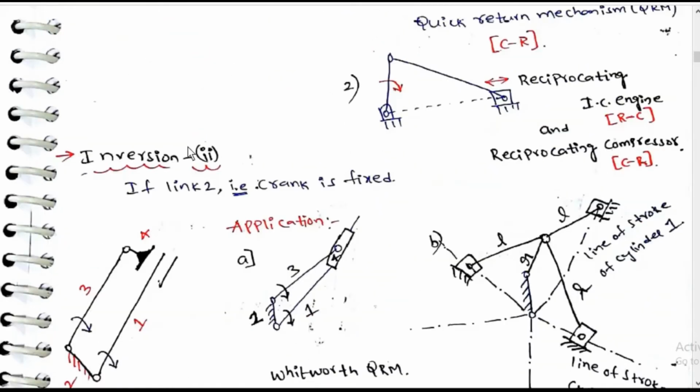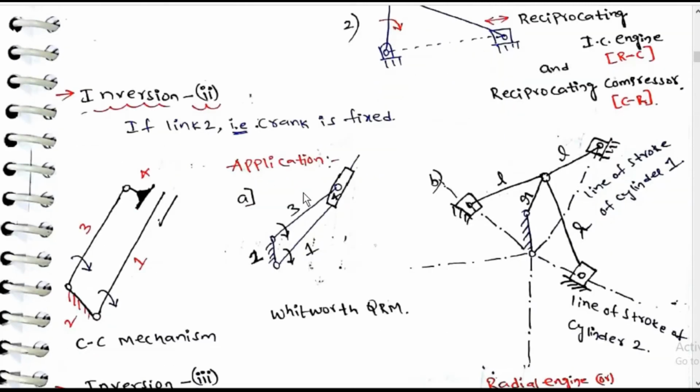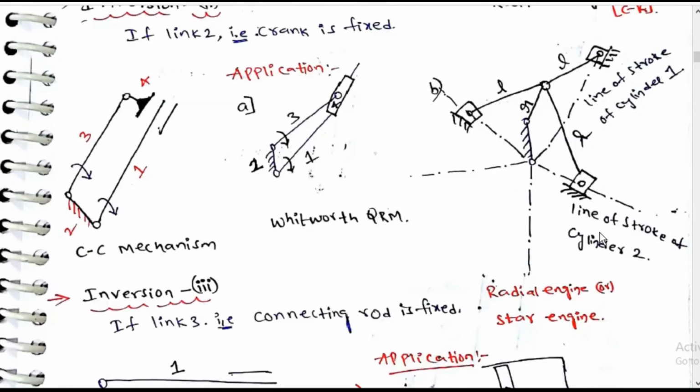Inversion 2: link 2 is fixed, that is, the crank is fixed. Applications: Whitworth quick return mechanism, radial engine or star engine.